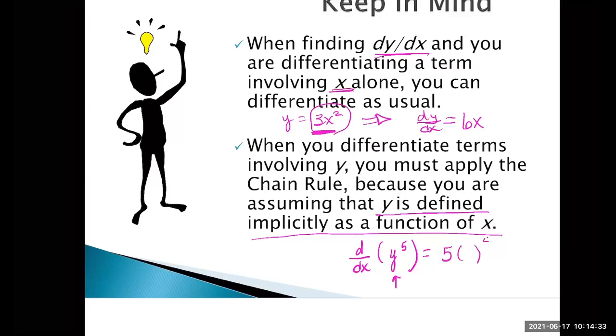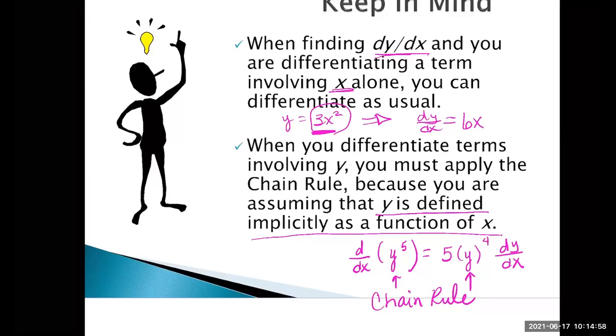We decrease the exponent by 1. We evaluate that at the inside function. And then we multiply times the derivative of the inside function. Well, the derivative of y with respect to x is dy dx. So notice right here that I use the chain rule.